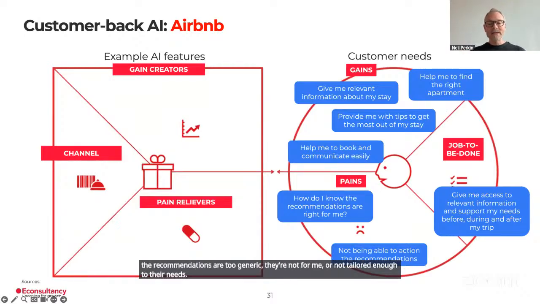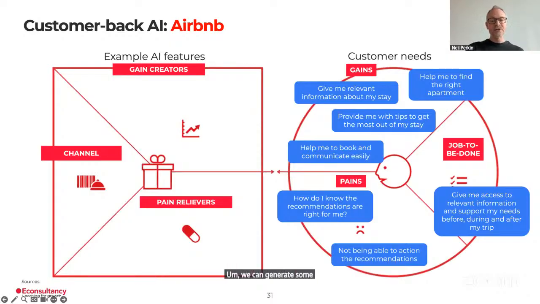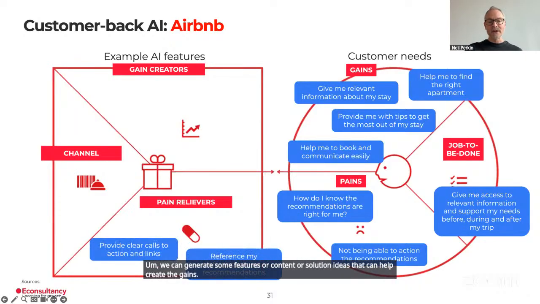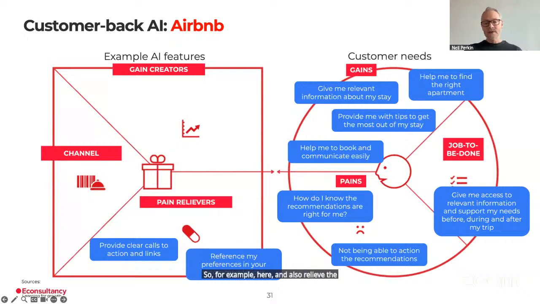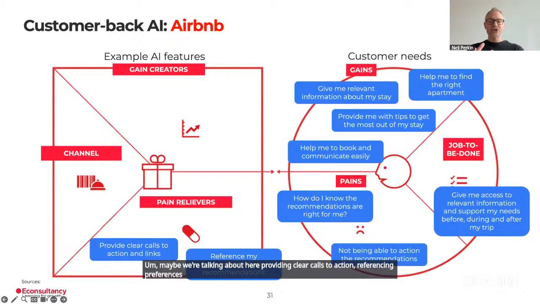So mapping these across then to the left-hand side, now that we've mapped out our customer needs, we can generate some features or content or solution ideas that can help create the gains, and also relieve the pains. So, for pain relievers, for example, maybe we're talking about providing clear calls to action, referencing preferences as a way to show that you're personalizing that experience, right?